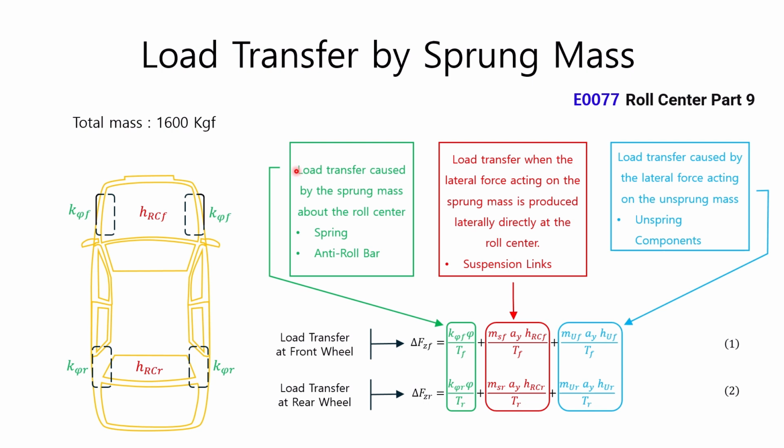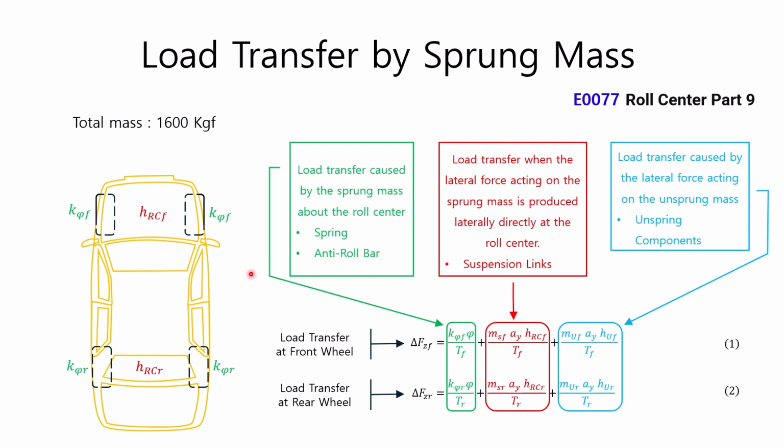We then saw that, during a steady-state vehicle turn, the lateral forces acting on each sprung mass center produce different moments about the front and rear roll centers respectively, proportional to their own suspension roll stiffnesses. Therefore, these different moments produce different load transfers to the front and rear respectively, and consequently, the ratio of front and rear suspension load transfers affects handling.